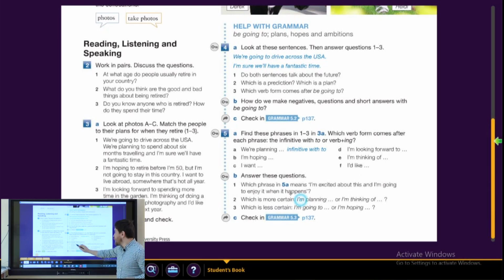So, look at 5B. Which phrase in 5A means I'm excited about this, and I'm going to enjoy it when it happens? So here we use the phrase I am really looking forward to. If you are very excited about your future plan, you can use I'm looking forward to.